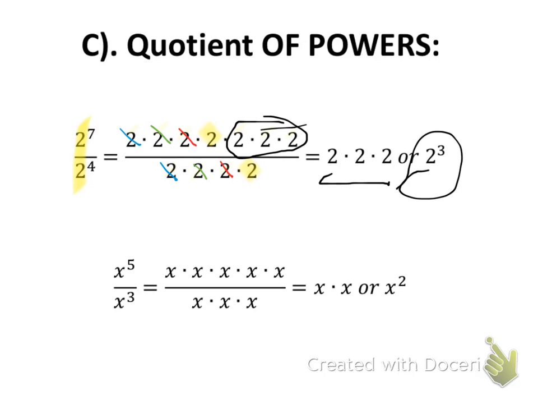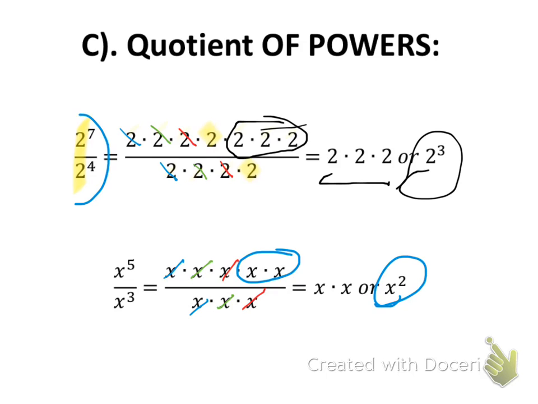Take a look at the x's. X to the 5th is the same as x times x times x times x times x, and x to the 3rd is x times x times x. Again, each pair can get canceled out as we go until we find what we're left with, which in this case is x times x, which is equivalent to x squared. So what do you think the rule is going to be here?